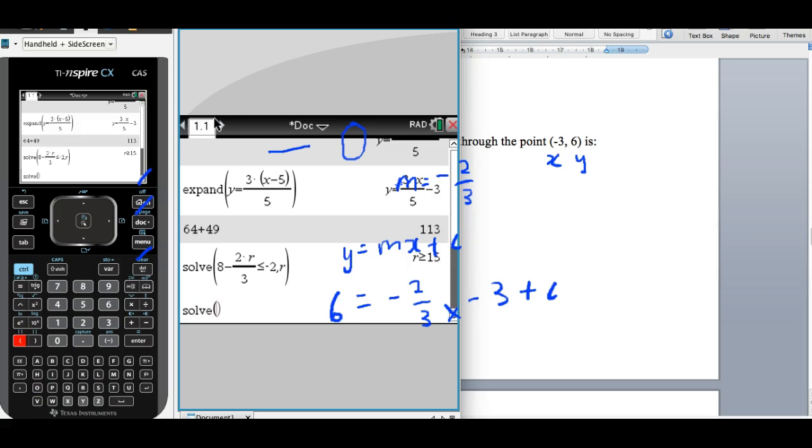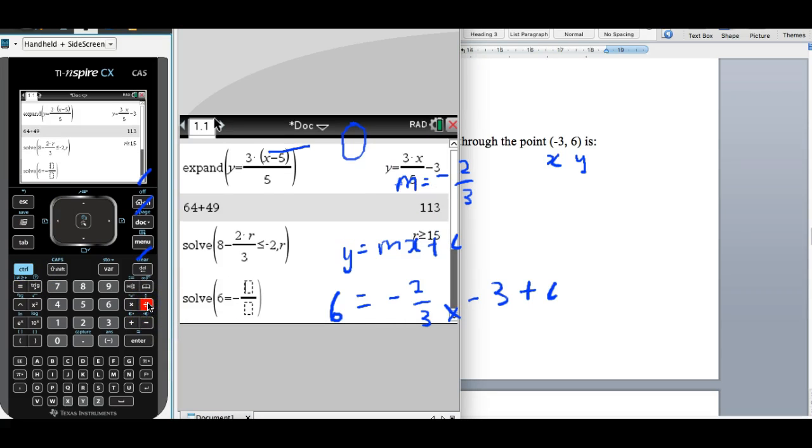Okay, so we can solve 6 equals, you can type it exactly how it is written there. You don't have to do that multiplication. -2/3 times -3.